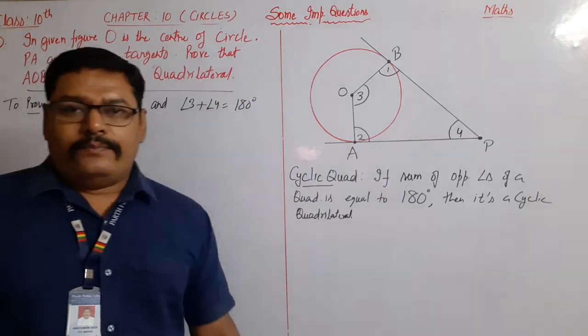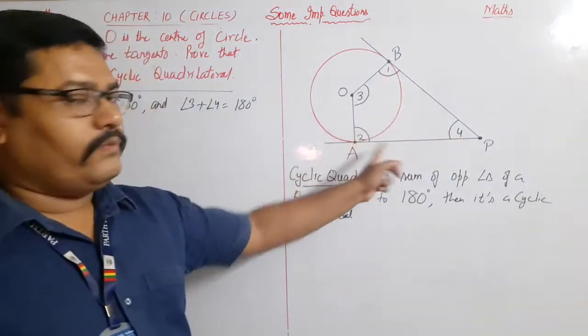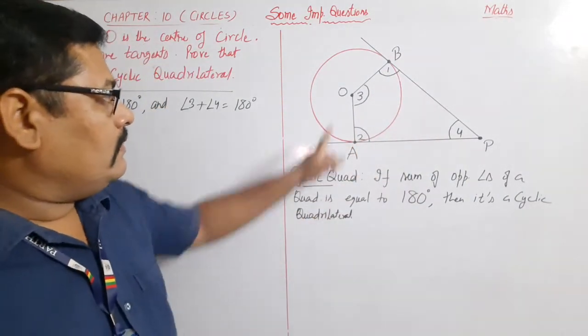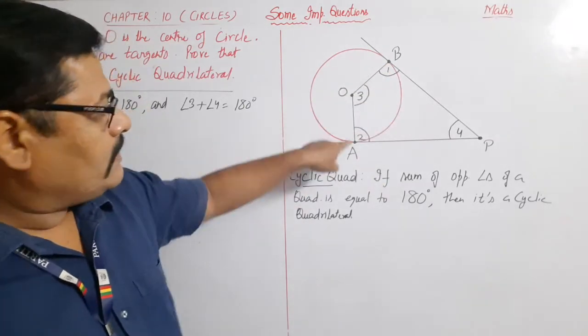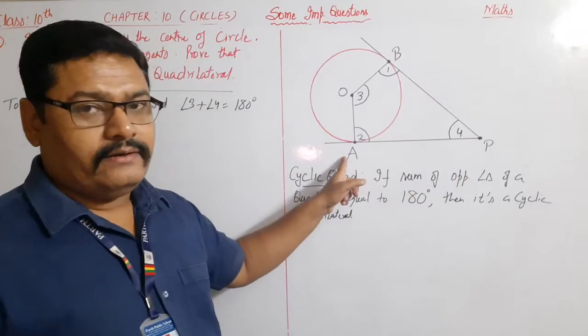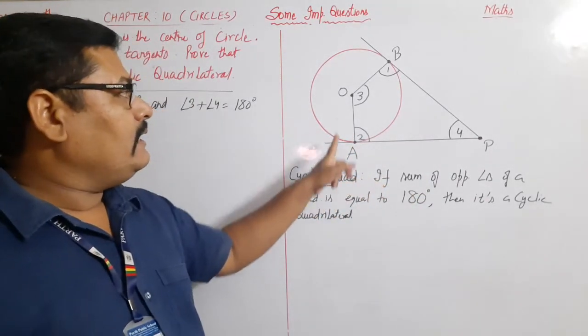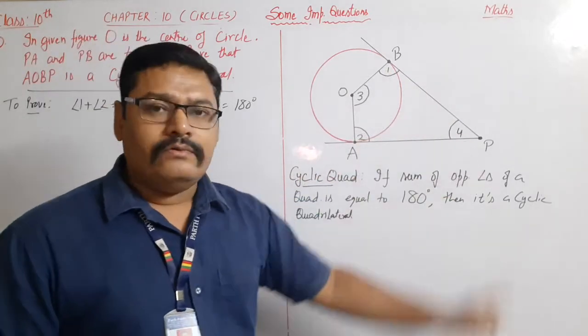So let us now prove it with the help of our theorem. Tangent from outer point, radius is perpendicular to tangent at point of contact. So OA is perpendicular to PA at A, and OB is perpendicular to BP.